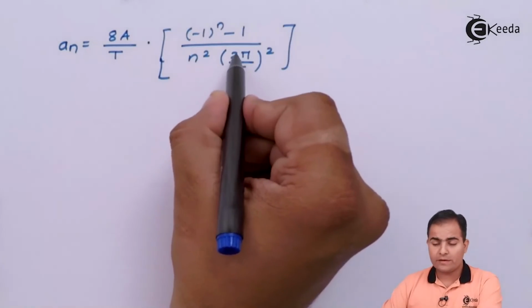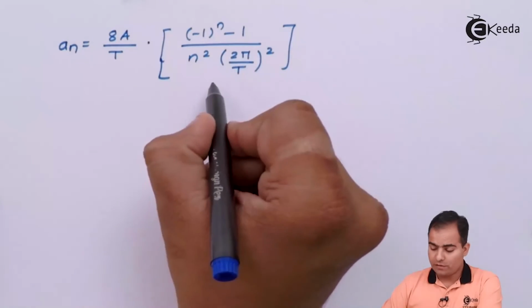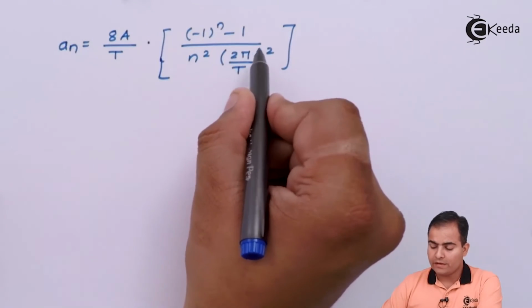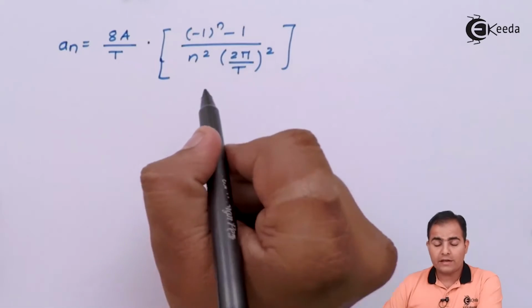First of all, I have replaced my omega naught by 2 pi by T. Now, if we take the square of this 2 pi, we will have 4 pi square, and in the denominator we will get T square.